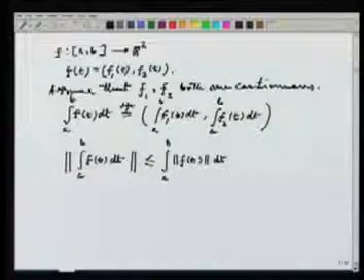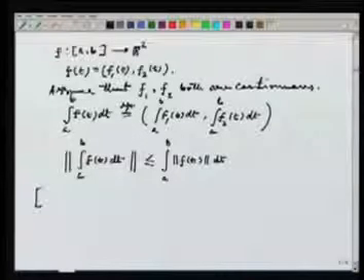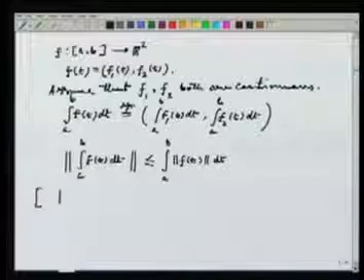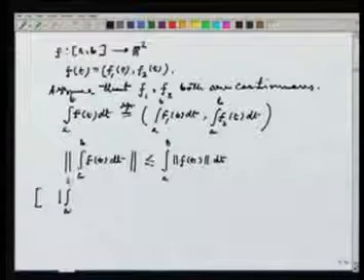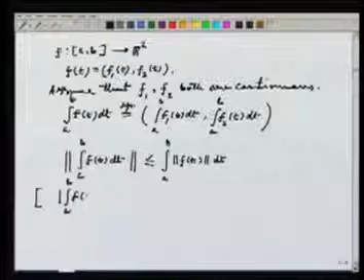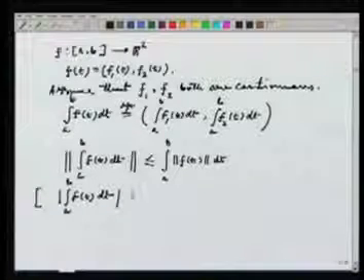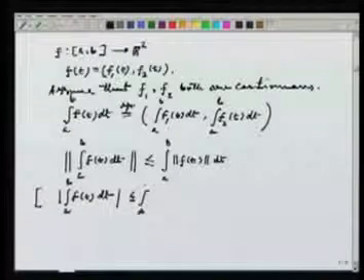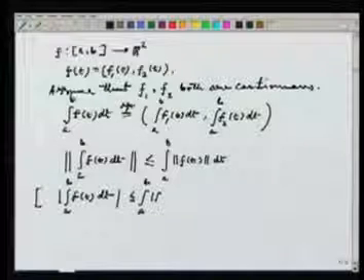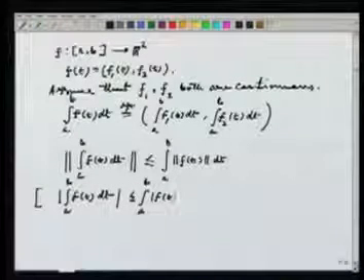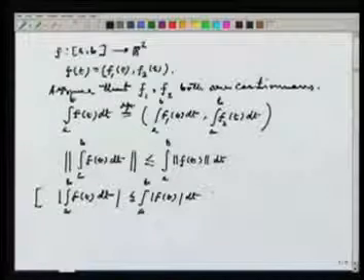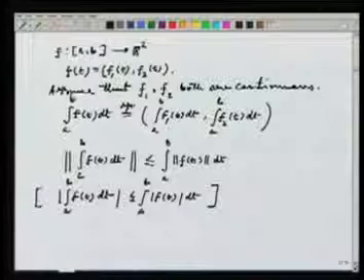And you know whose analog this is? It is the analog of the fact that mod integral a to b f t dt is less than or equal to integral a to b mod f t dt. So it is the analog of this well-known result which we have done earlier.